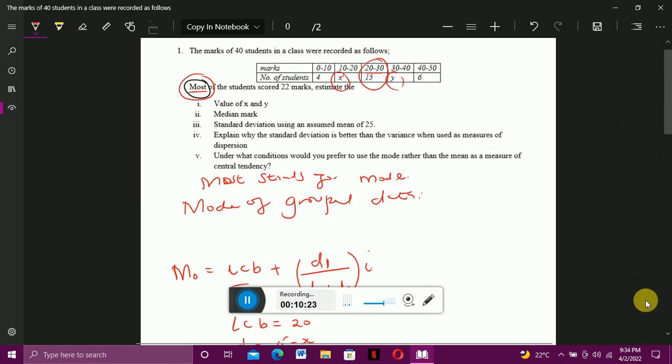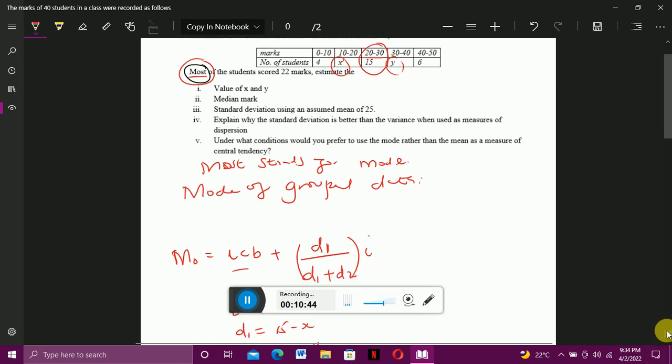So what is important in that part of the question is to be able to interpret that the word most stands for the mode. Once we know that, then it's possible to get the values of x and y as we have done.